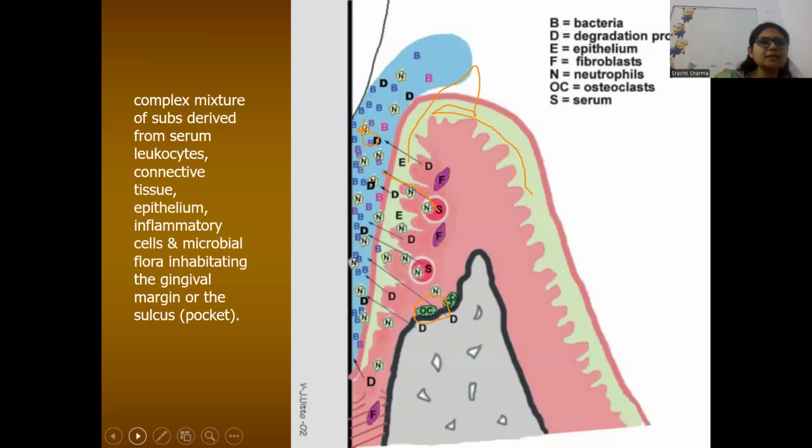So it is a complex mixture of substances derived from serum, leukocytes, connective tissue, epithelium, inflammatory cells, and microbial flora inhabiting the gingival margin or the sulcus, the pocket.